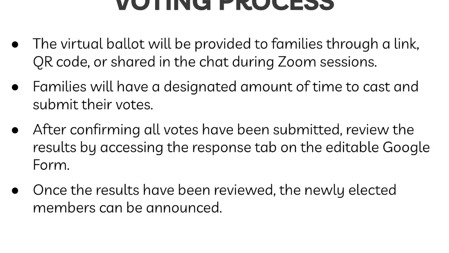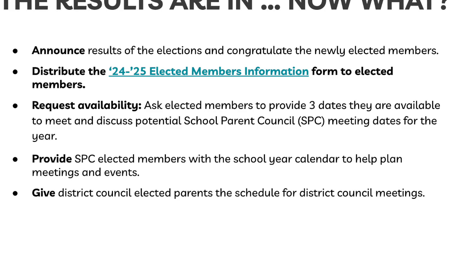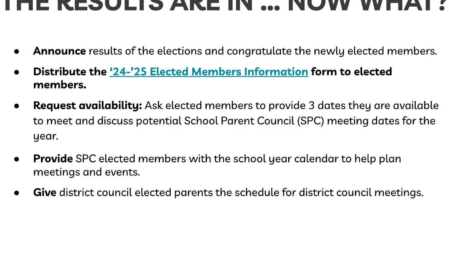So, now, if the results are in, what do we do? There will be an announcement of the results of the election, and we will congratulate the newly elected members. Let's give them a round of applause.